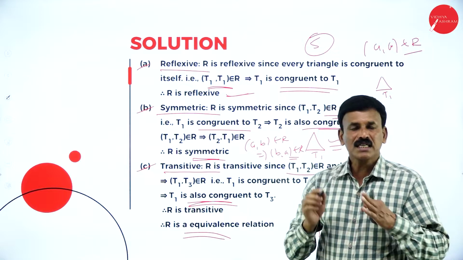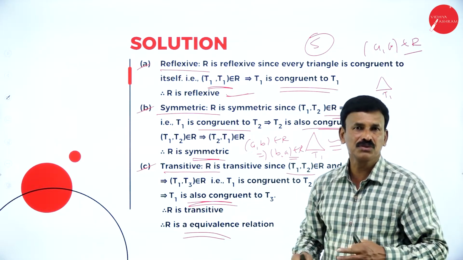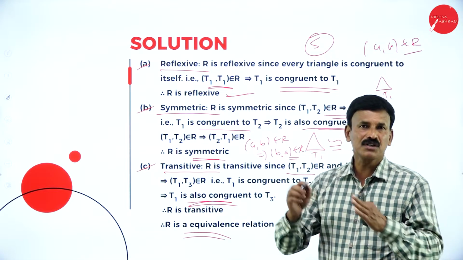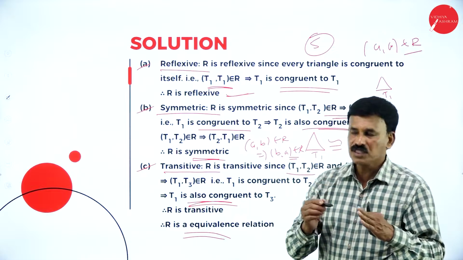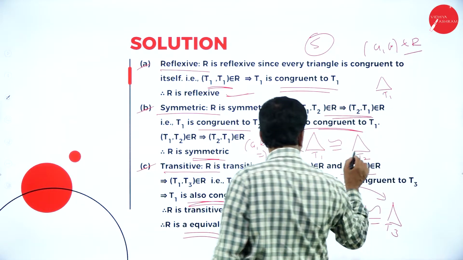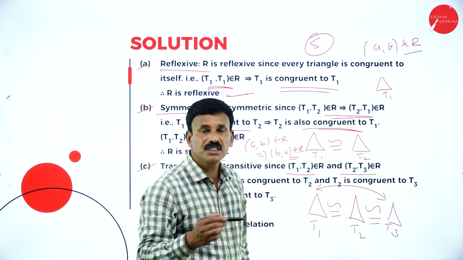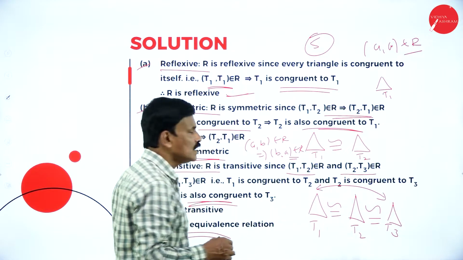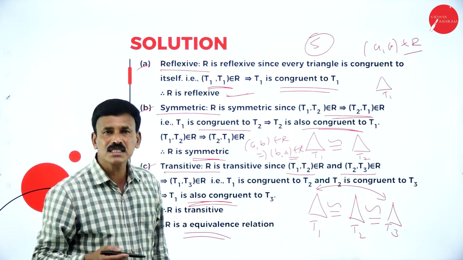So, every triangle is congruent to itself. (T1, T2) belongs to R. Reflexive. Symmetric: if T1 is congruent to T2, then T2 is also congruent to T1. That means if triangle T1 is congruent to T2, the triangle T2 is also congruent to T1. Therefore, this is symmetric. And the third property is the transitive.